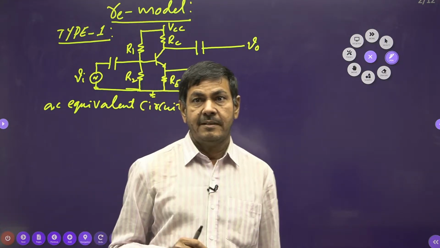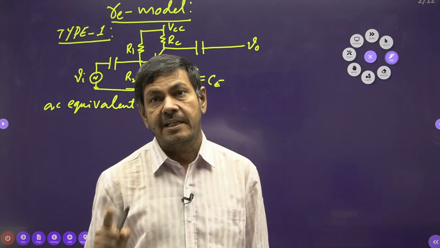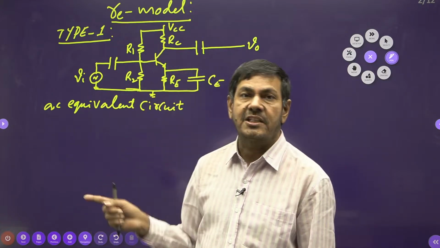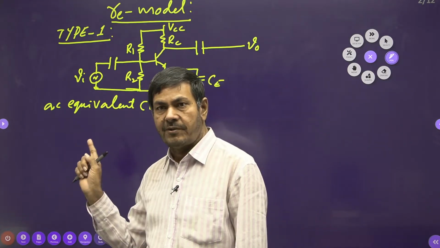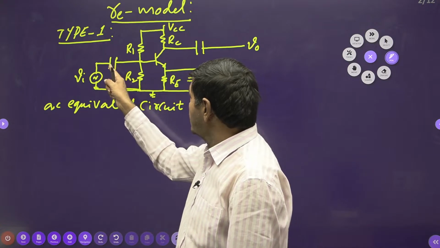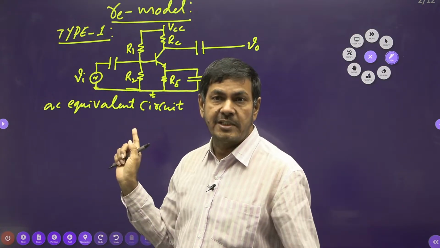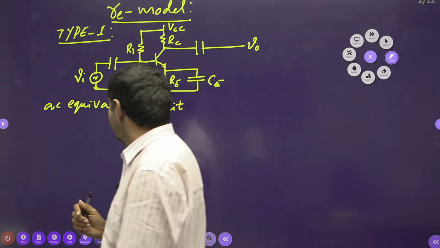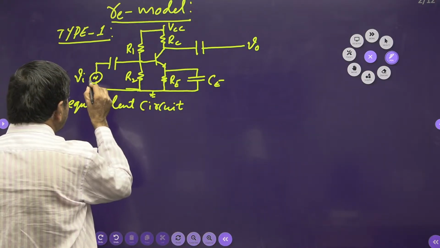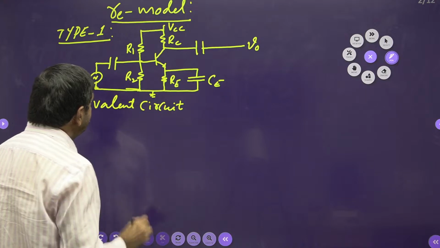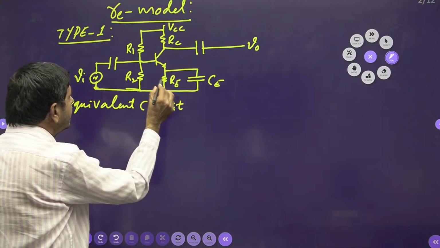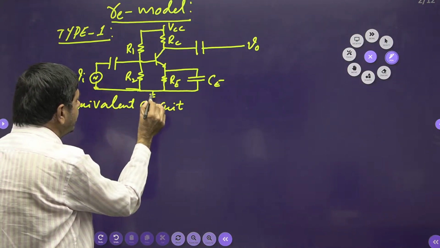Next point. Wherever a capacitor is connected, that must be shorted in small signal amplifiers. That means these 3 capacitors that are connected must be shorted directly. VI is connected to the ground. All these are connected to the ground only.